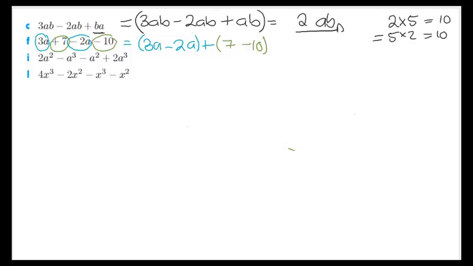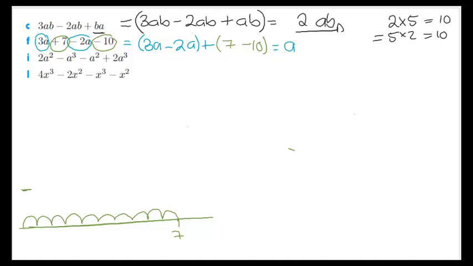So now I'm going to calculate it. This is going to be equal to 3 minus 2A, which is 3 minus 2, just 1A. And then 7 minus 10, let's try a number line. So if I've got positive 7 and I'm jumping to the negative 10 times, 1, 2, 3, 4, 5, 6, 7, 8, 9, 10.